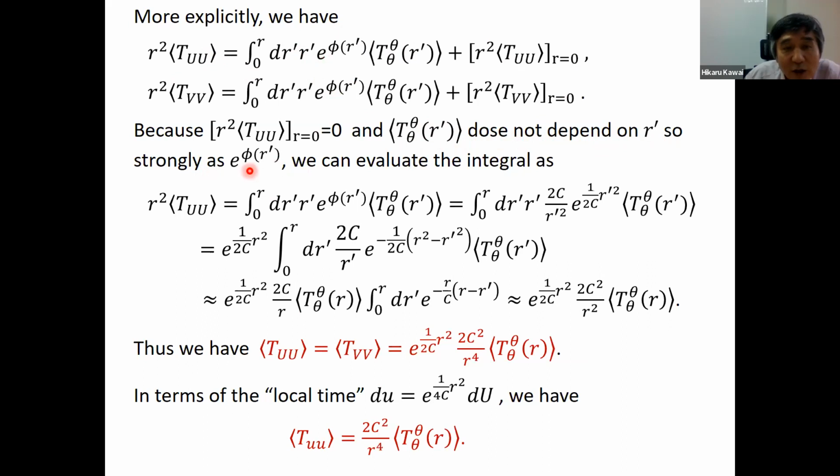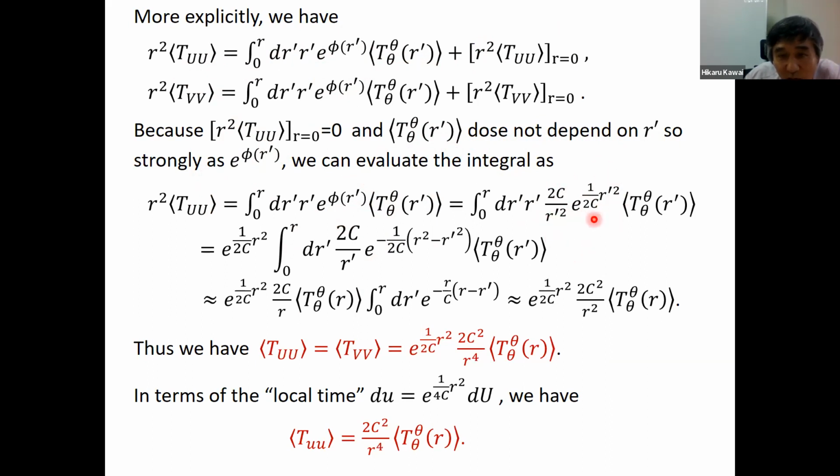We also assume T theta theta does not depend on r as strongly as e^phi. As we have seen, e^phi strongly depends on r, like the exponential of r squared. So if we assume T theta theta changes not so strongly, we can replace this integral as follows. I just rewrite this by dropping this, and e^phi is this.